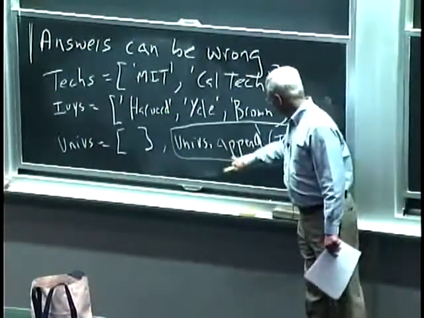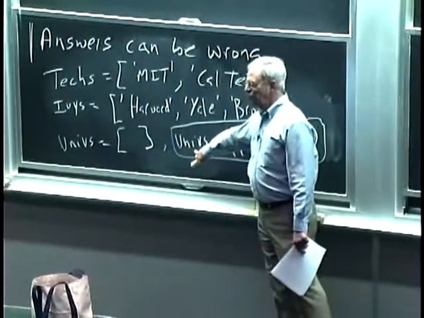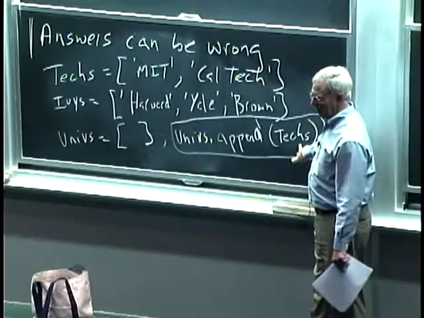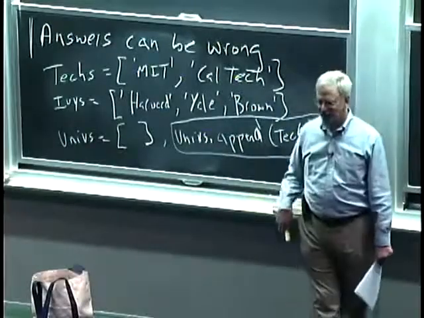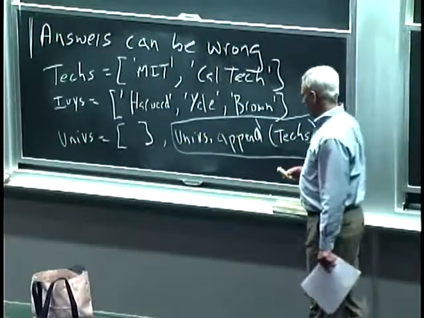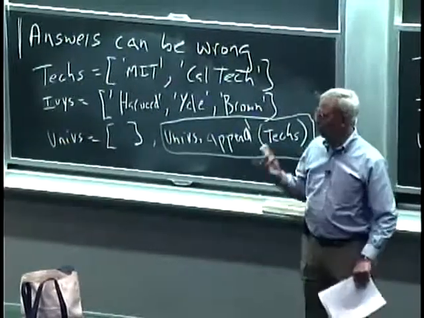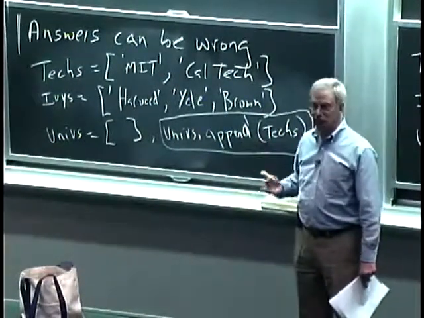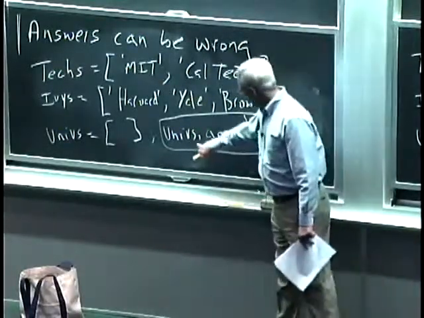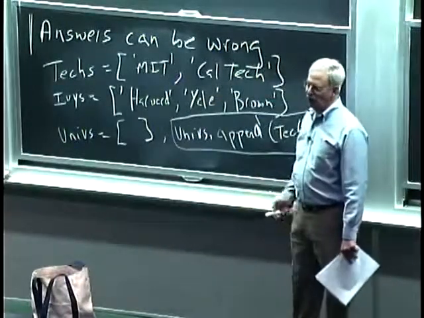Think of this as a function that takes two arguments, the first of which is Unevs, and the second of which is tex. And this is just a different syntax for writing that function call. Later in the term, we'll see why we have this syntax and why it wasn't just a totally arbitrary, brain-dead decision by the designers of Python and many languages before Python, but in fact is a pretty sensible thing. But for now, think of this as just another way to write a function call.